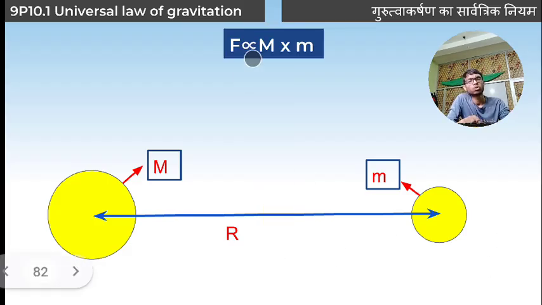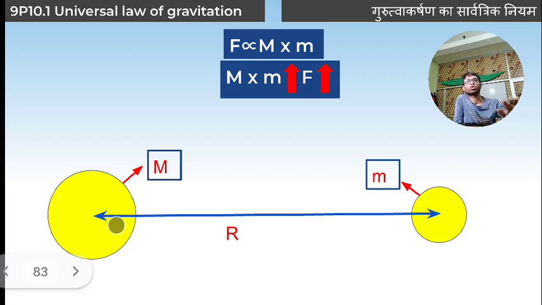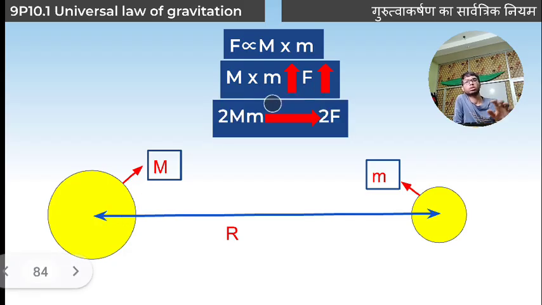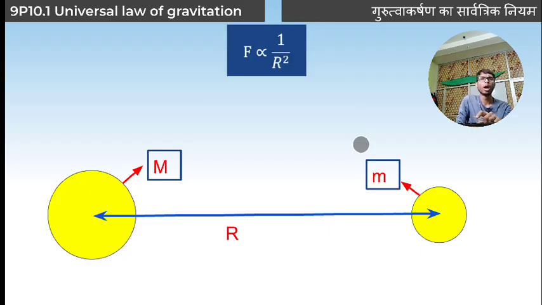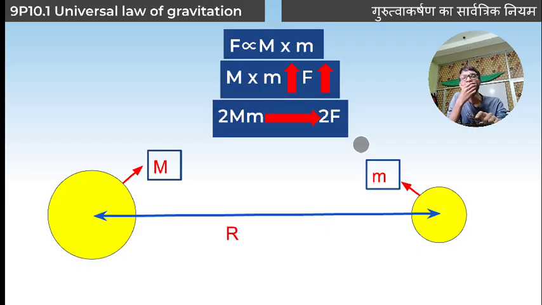Now here F is proportional to the masses of both objects. So m times m. If one mass is doubled, then 2m, 2F. Here we have mass.